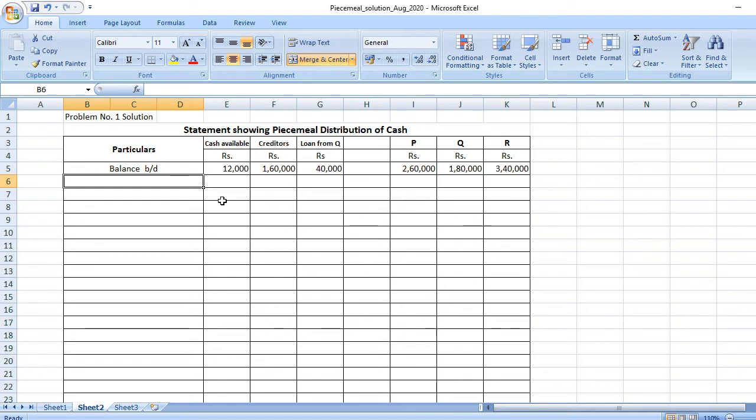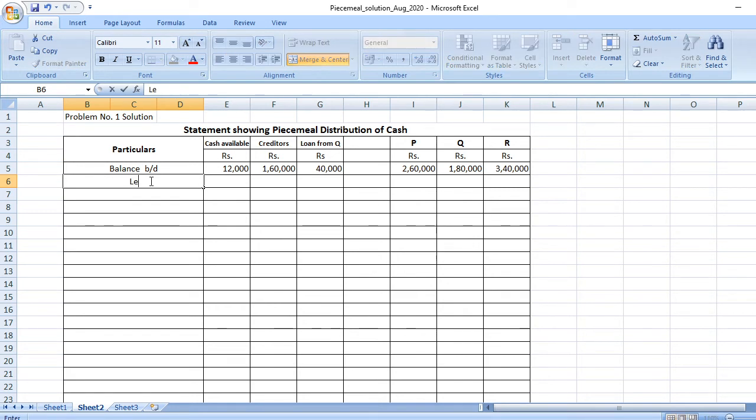Whatever amount is there, we will consider for payment of the liability. We will pay gradually, slowly, because it is piecemeal distribution.